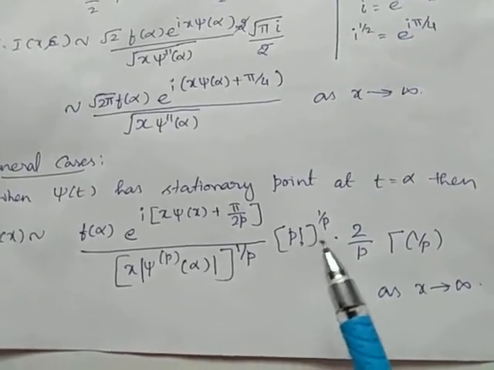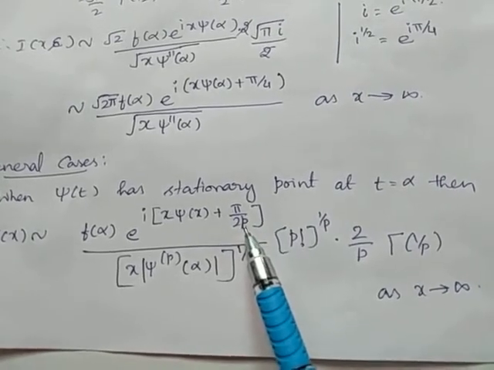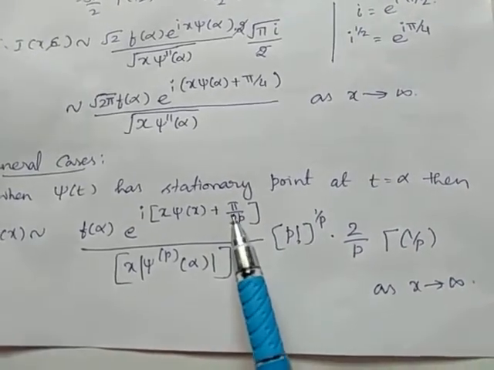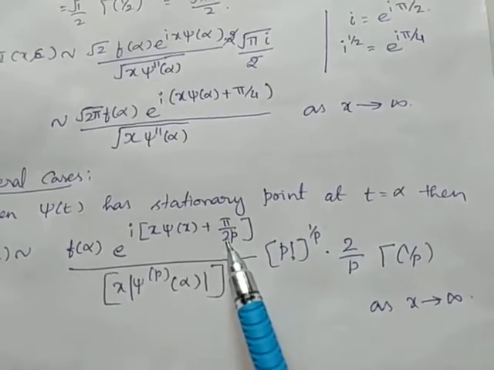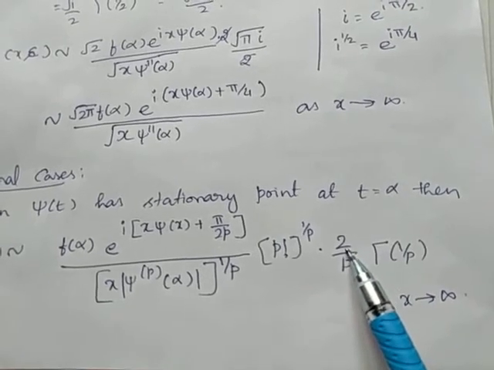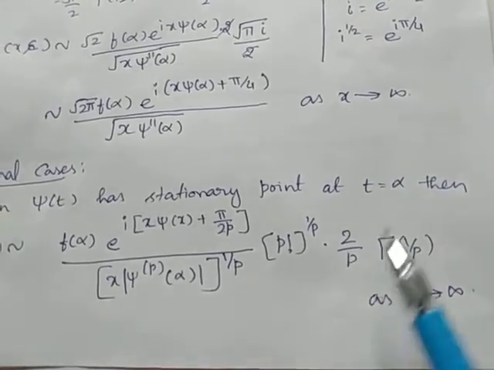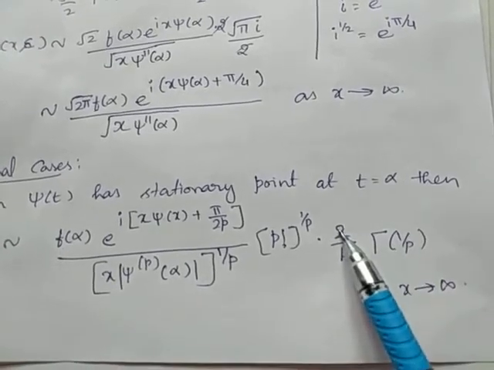What is the only difference here? Here we are having pi by 2p, which did not exist in our previous problem formula. Don't forget that. As usual, in the first case, in the formula we are having 2 by p. Whenever t is equal to a or t is equal to b, this becomes 1 by p.